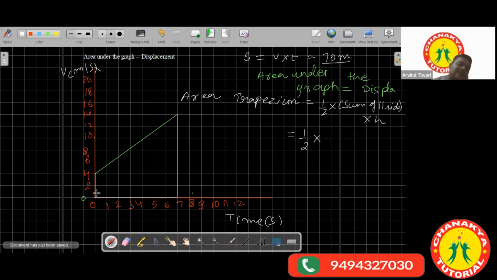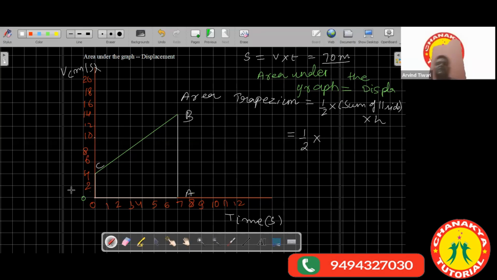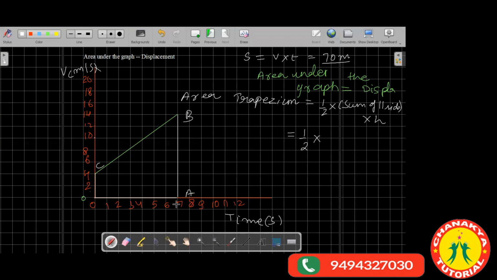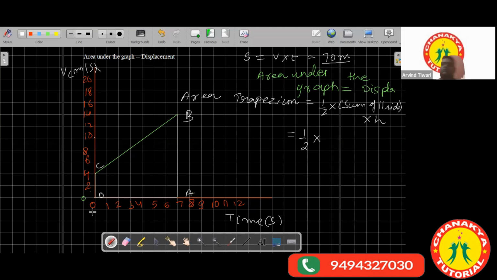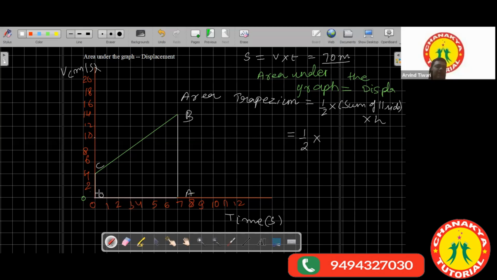Now, what are the parallel sides here? Let me mark them: O, A, B, C, with 4 and 14. OC and AB are the parallel sides.